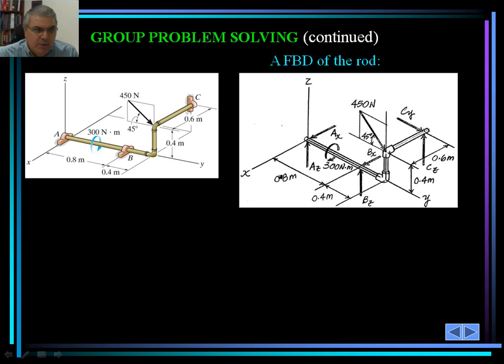For example, at point C, which is up here, they're going to be C sub Y and C sub Z. At point A, we're going to have A sub X and A sub Z. At point B, we're going to have B sub X and B sub Z, and 450 Newton, and the moment that's applied here on the structure is also shown.